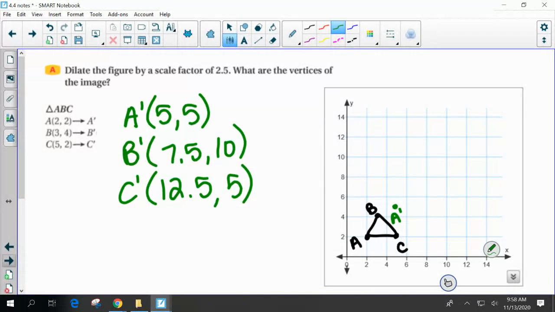And then you'll just have to do your best with your decimals and graph it the best you can.